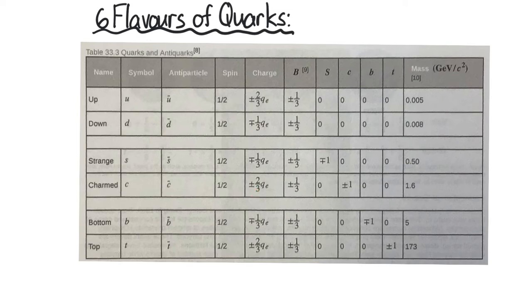We see, for instance, that the strange quark has a negative 1/3 of the base charge, or the elementary charge of an electron, and its antiparticle, the S bar, is plus 1/3 of the base charge. Their masses are measured in gigaelectron volts per c squared, and we can see that they vary considerably. The top quark and the bottom quark are huge in mass in comparison to the up and the down quark.